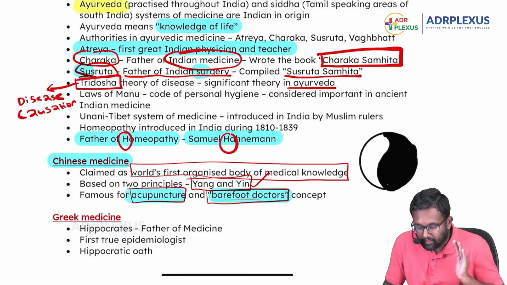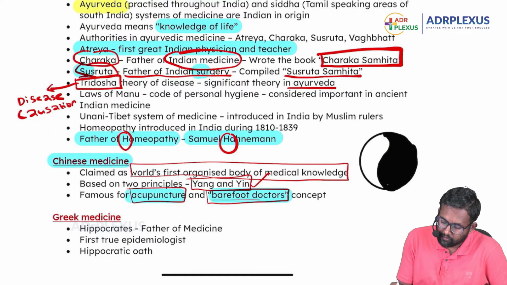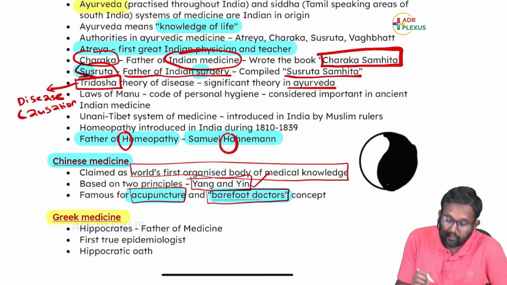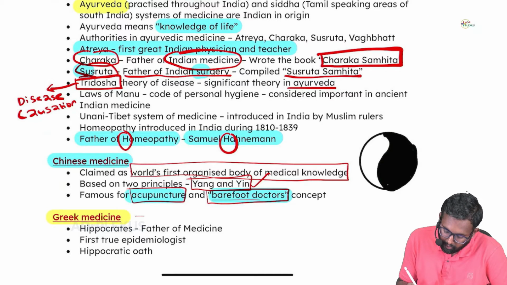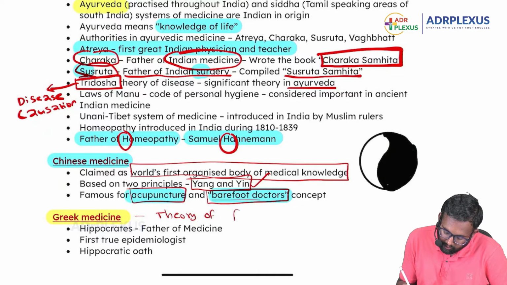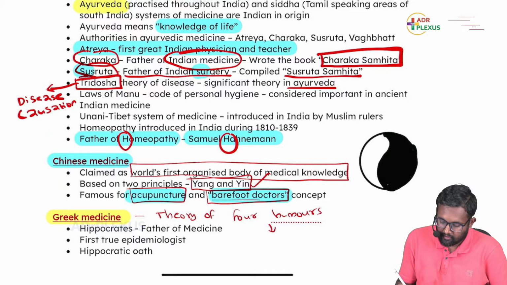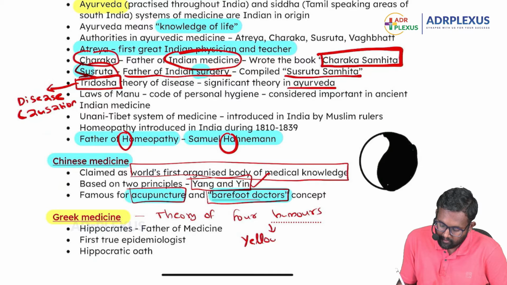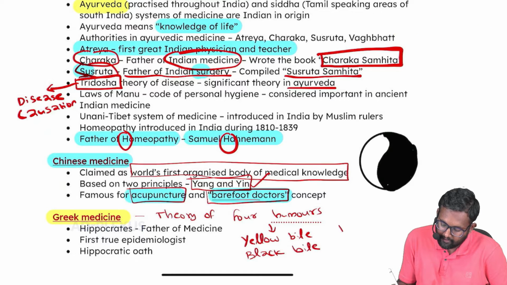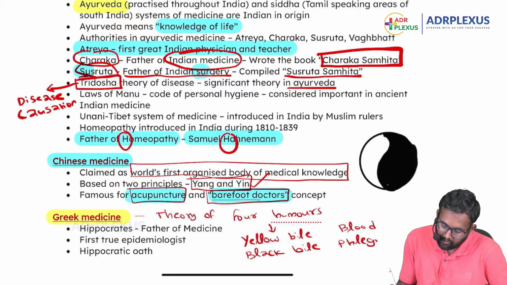Next we come to Greek medicine. The first thing you have to remember is the theory of 4 humours. Our body has 4 types of fluids. What are they?